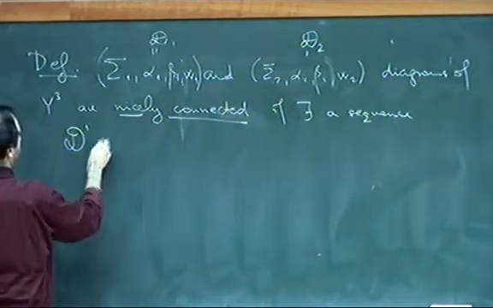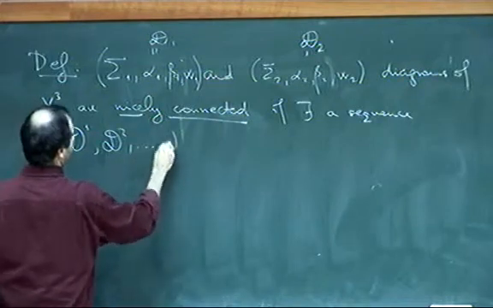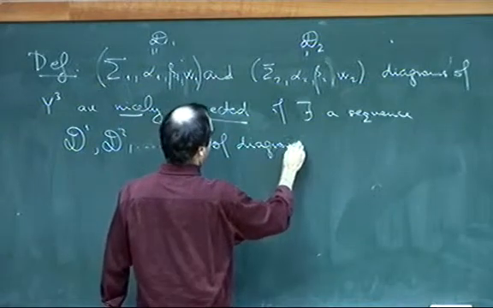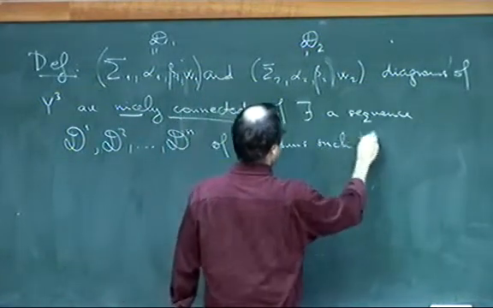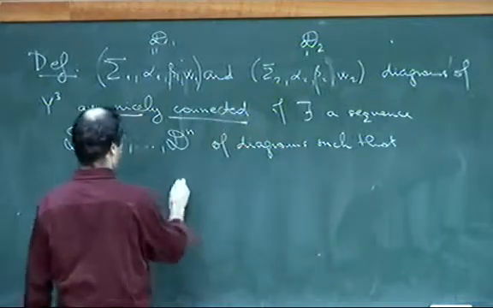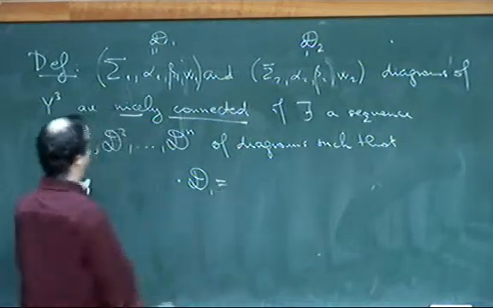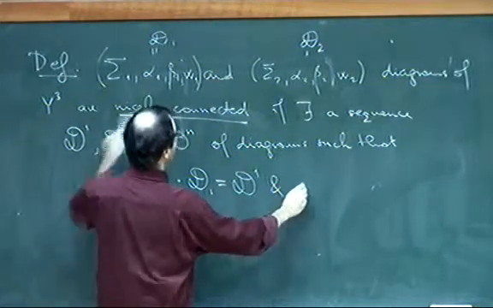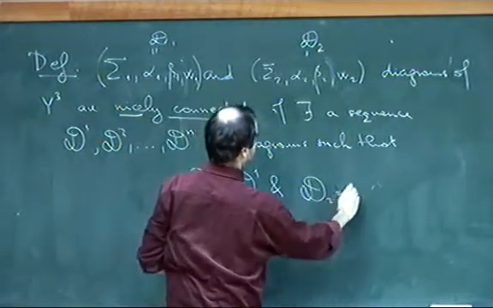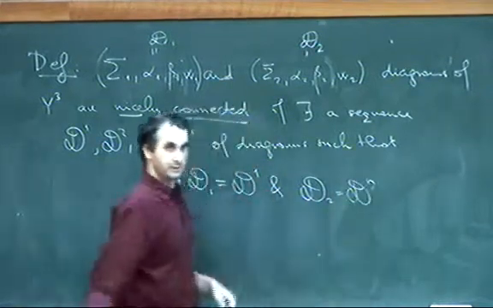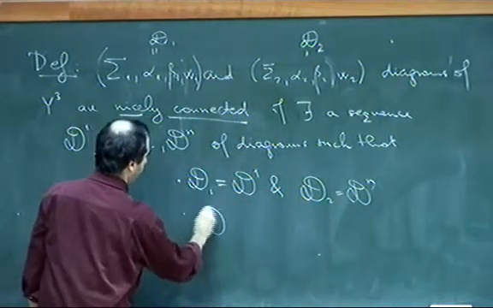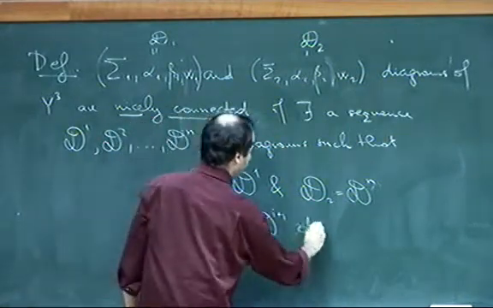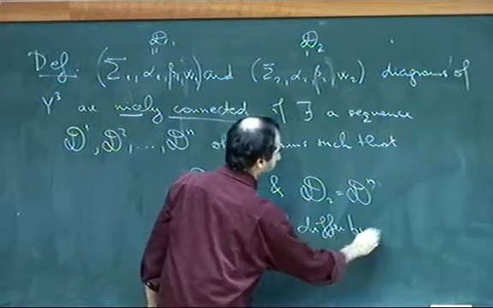D upper 1, D upper 2, Dn of diagrams such that my starting diagram is exactly the start of the sequence, and the second one is the end of the sequence, and Di and Di plus 1 differ by a nice move.